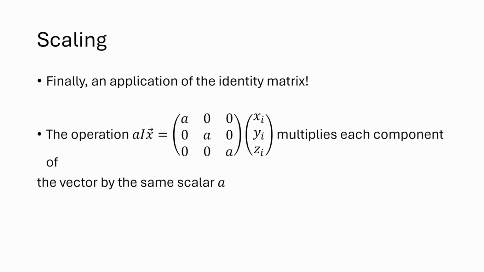That's what a pure scaling operation is. If I wanted to just triple the size of the whole thing, then I would have 3, 0, 0, 0, 3, 0, 0, 0, 3 as my matrix elements. And so when I do the multiplication, I get 3x and 3y and 3z as the new vector.